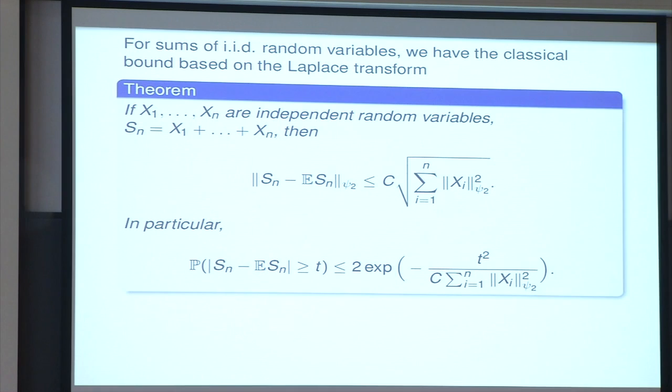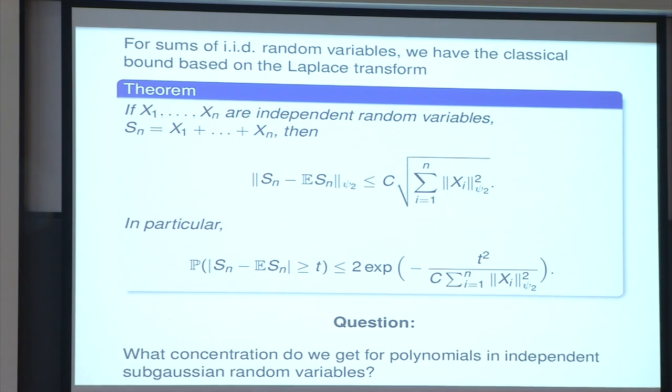It's more or less like the fact that a linear combination of Gaussians is still a Gaussian variable, and you know what the tail decay then is. So I'm not going to spend any time on this. The real question is, what concentration can we get for polynomials in independent sub-Gaussian random variables?